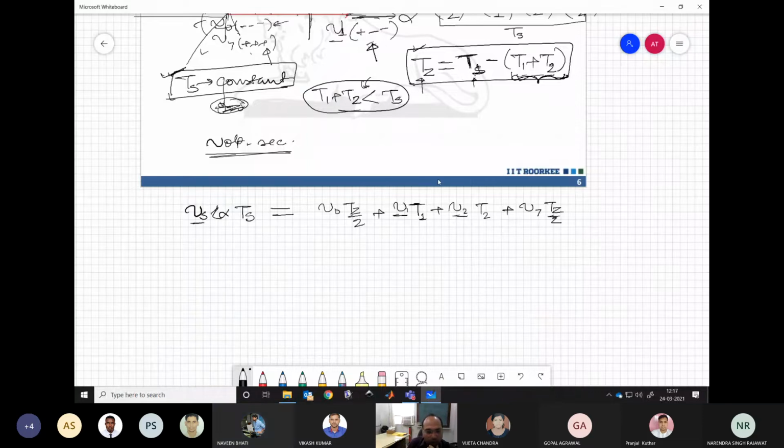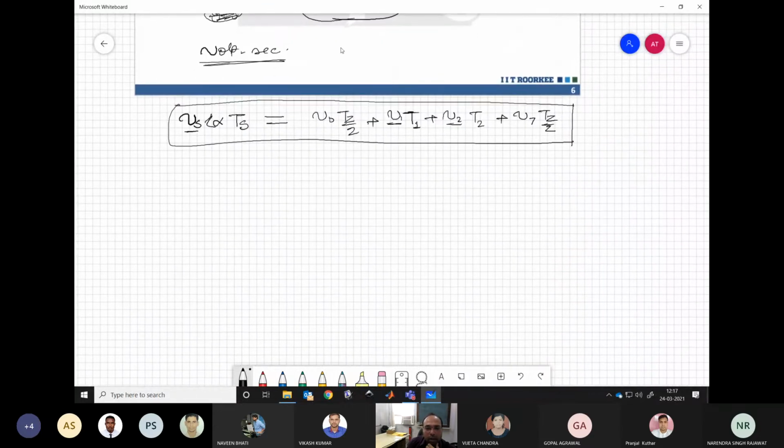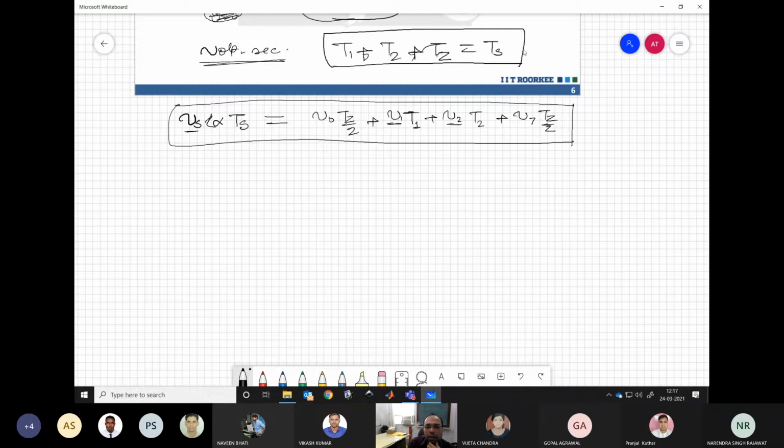Okay, so this is what we are trying to do. Now we need to figure out what are the imaginary and real components. Here we have three unknowns, T1, T2 and Tz, and there is one relation among all three, that T1 plus T2 plus Tz is equal to Ts. This is the first equation. When you take real and imaginary components, the other two equations will also be found. Then we can solve three unknowns.